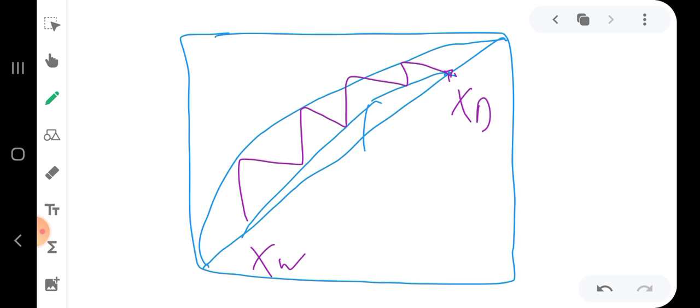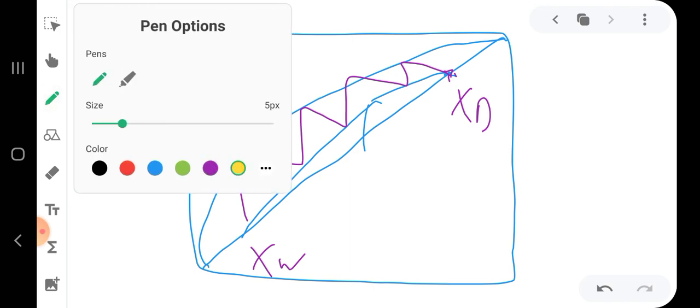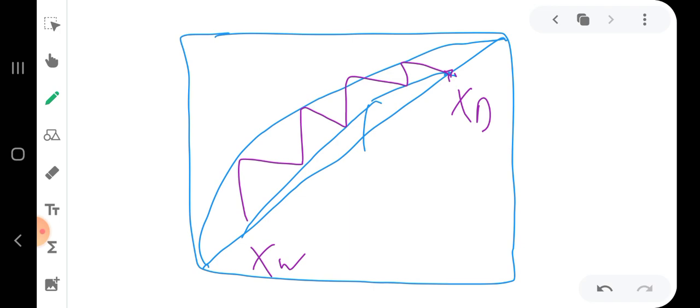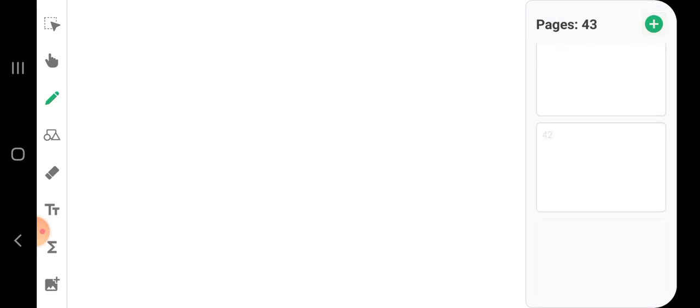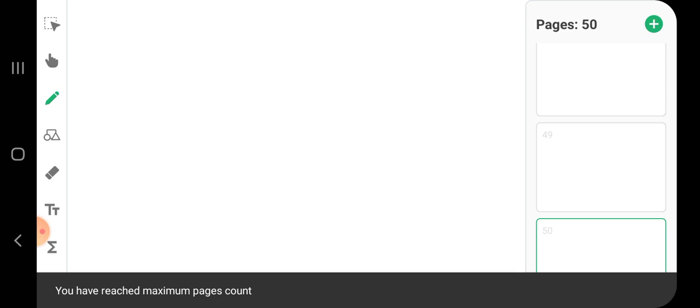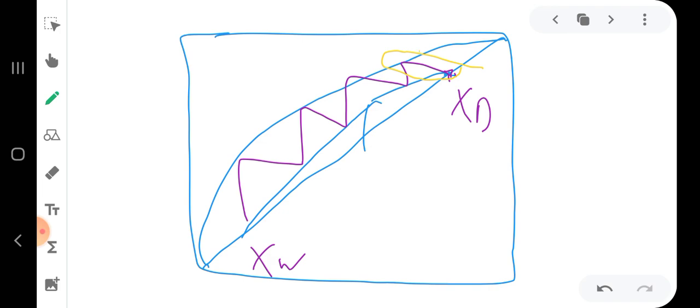Let me zoom into this area, the area in yellow.